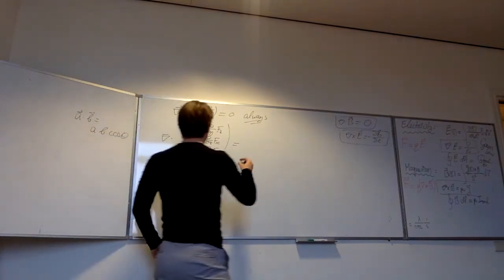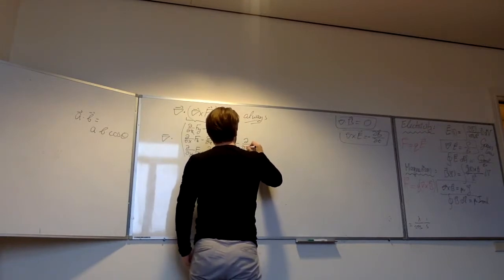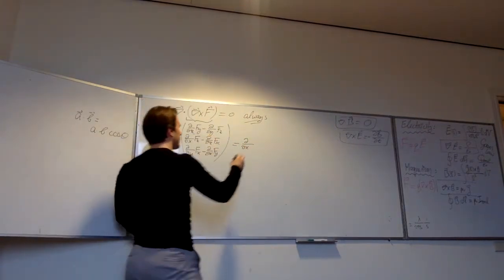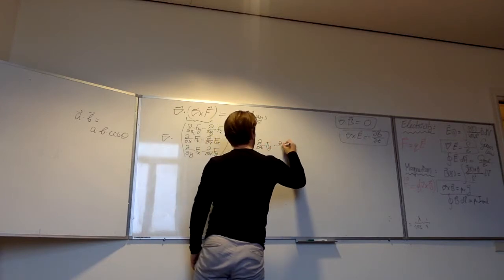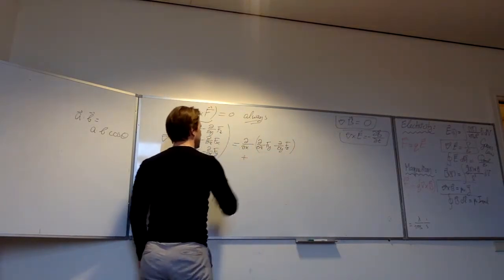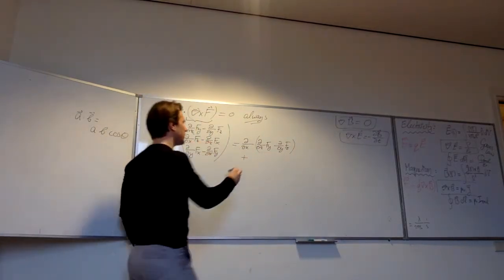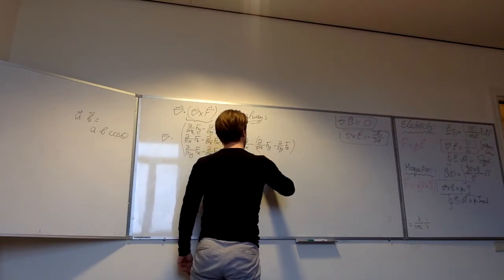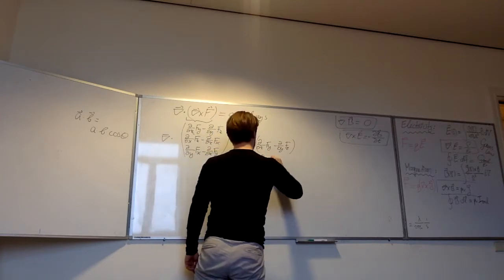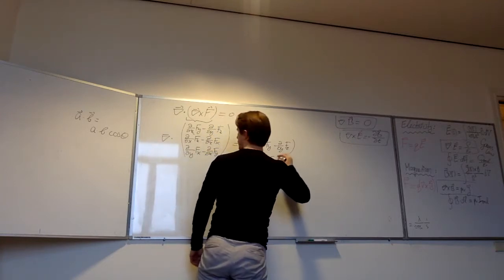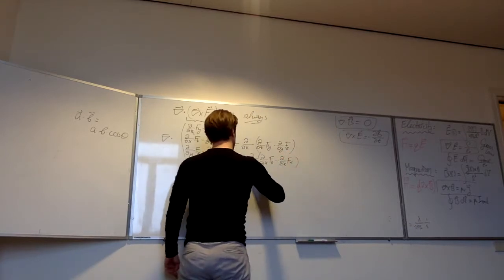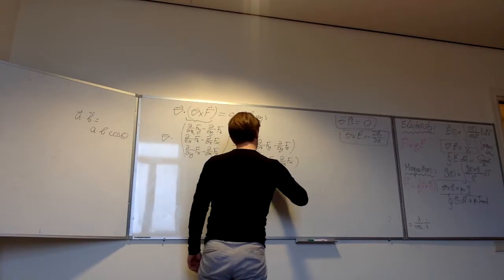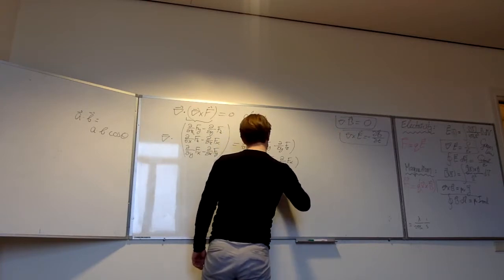It's some rewriting, takes a while, but ultimately it's this: the d/dx of the x component, plus the d/dy of the y component, and finally the d/dz of the z component.